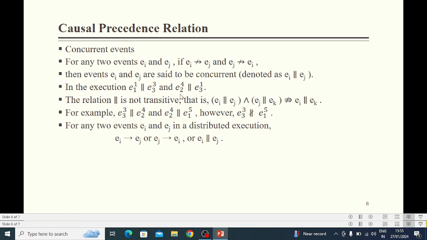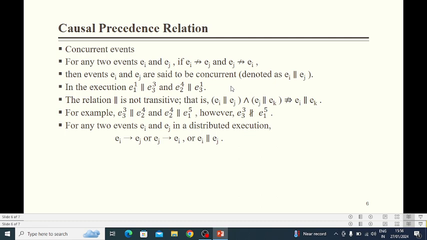Similarly, we have one more example for concurrent events. E42 and E13 are both concurrent events because E42 does not causally affect E13, and similarly E13 does not causally affect E42. We don't have a causal dependency between these two events, so we can say that these two events are examples of concurrent events.